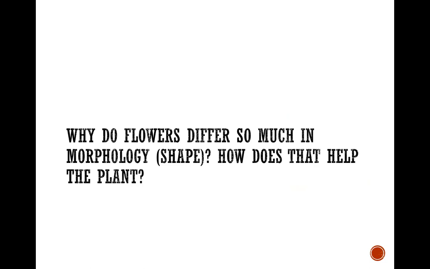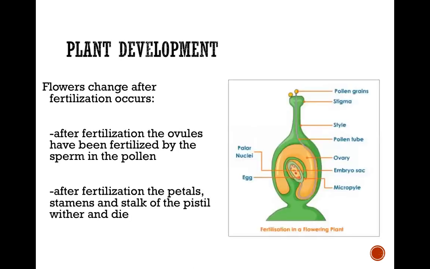So, why do flowers differ so much in morphology or shape? And how does that help the plant? You probably haven't thought that much about this, but we're going to look and see why. Why does it matter? Why do plants differ so much? Well, in part because of pollination and this idea of fertilization.